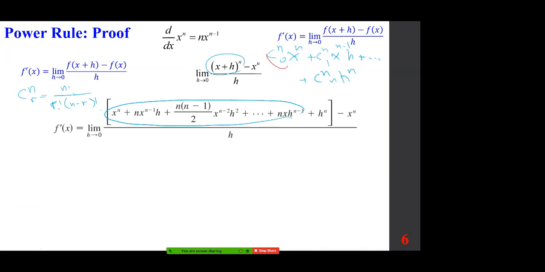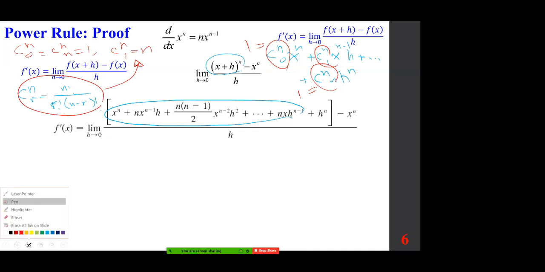Cn0 ends up being 1, Cnn ends up being 1, and Cn1 is n. So Cn0 equals Cnn equals 1, and Cn1 is equal to n. All you have to do is apply this formula. Those are the ones that are important. The rest becomes very straightforward, and how we get rid of it you see in a moment.